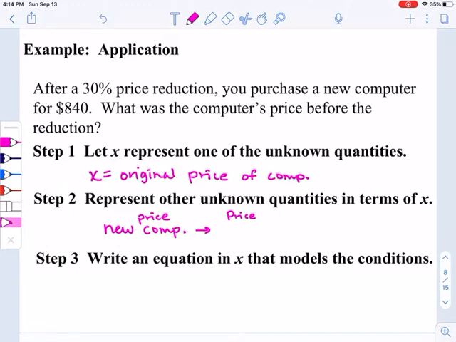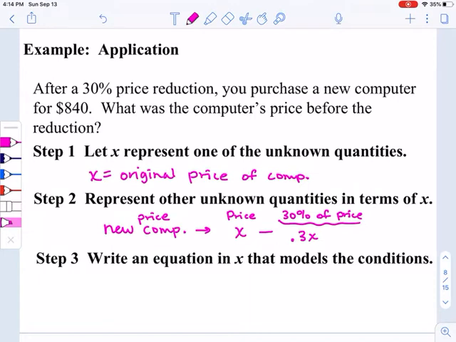So the original price of the computer we said was X. And then we are doing a 30% reduction. So we need 30% of the price of the computer, and we need to reduce that price or deduct that price. We need to subtract 30%. Well, 30% times the price of the computer, X, would mean 0.3 or 0.30 of X.